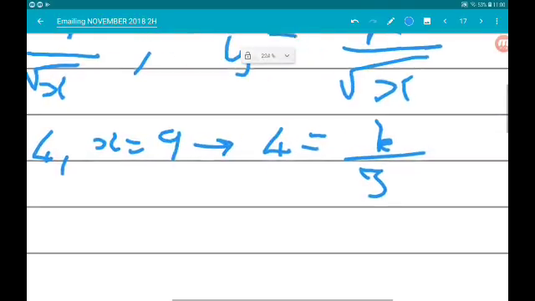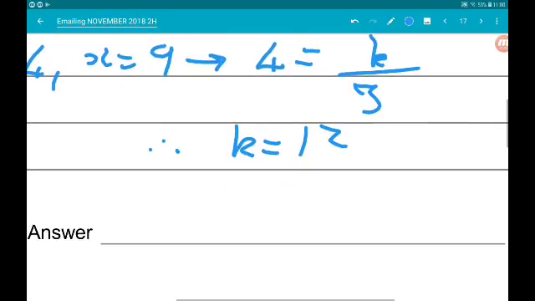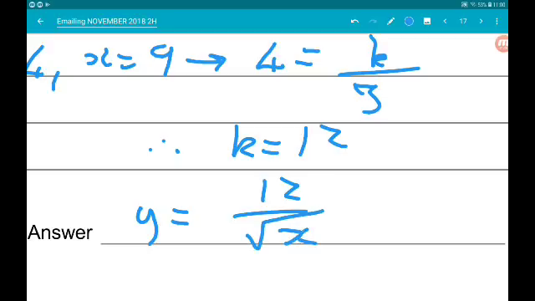That means then that k over 3 is equal to 4, therefore k is equal to 12, and y is equal to 12 over root x.